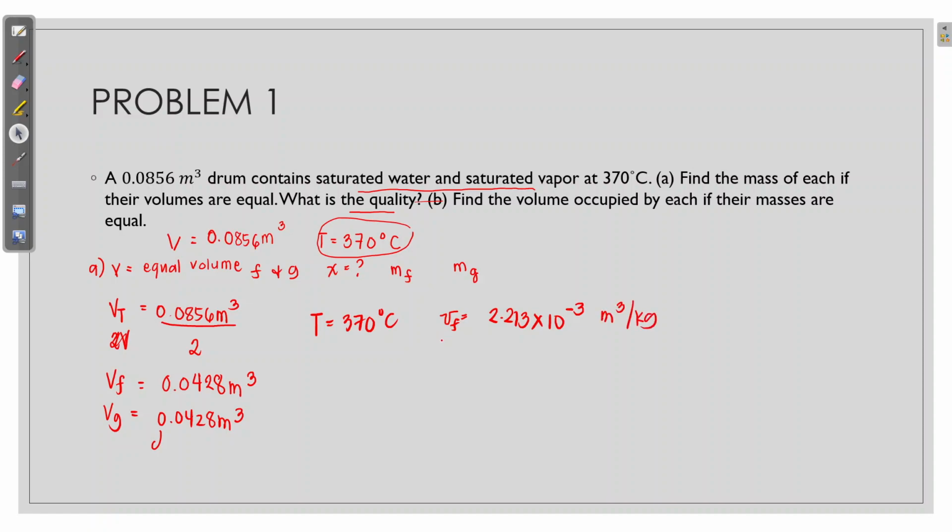At ang VG natin ay 4.925 times 10 raised to negative 3 meter cube per kilogram.